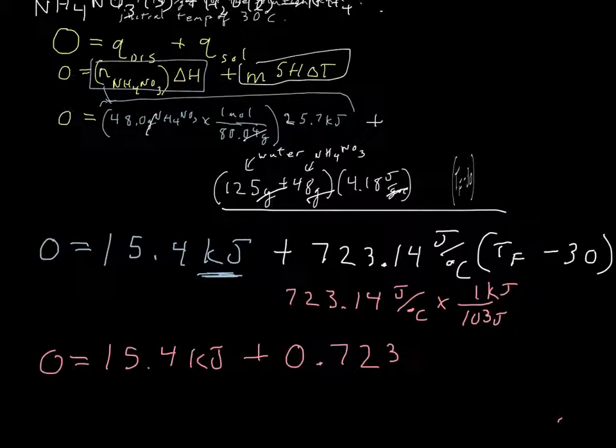Really, I only have 3, so that 4 there is insignificant. And I now have kilojoules per degree Celsius. Forgetting to reconcile these kilojoules and joules is the next problem a lot of students have.